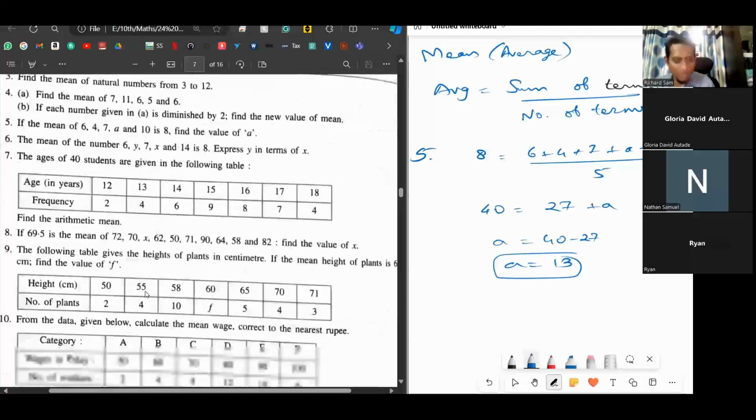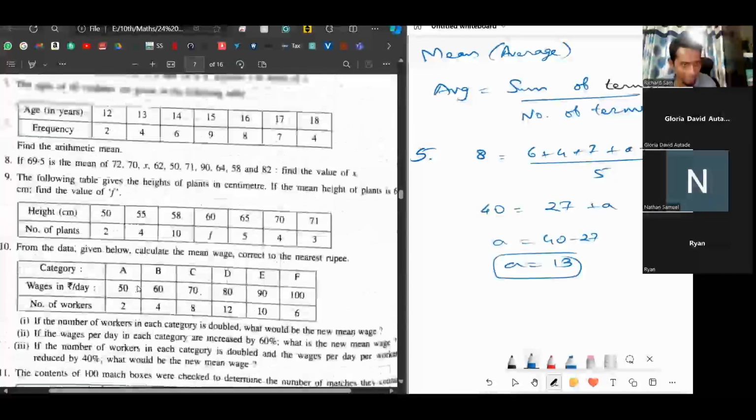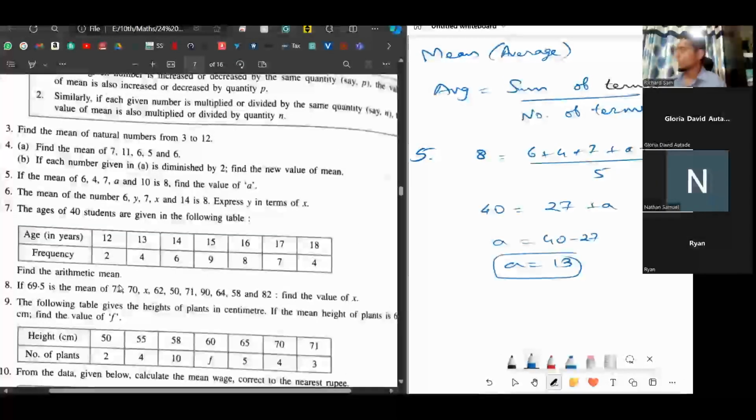I want to give you homework, and there are no more sums of this type. Actually, do that as homework only. Okay, show me a textbook. I'll tell you which are the homework questions to do.